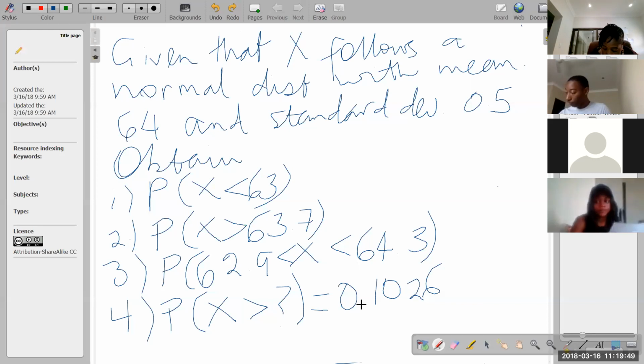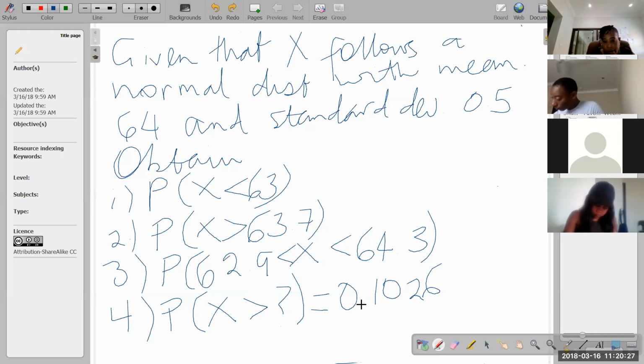We're looking at the probability of it being less than 63, so 0.5 minus 0.4772 is 0.0228. So we all agree with that.